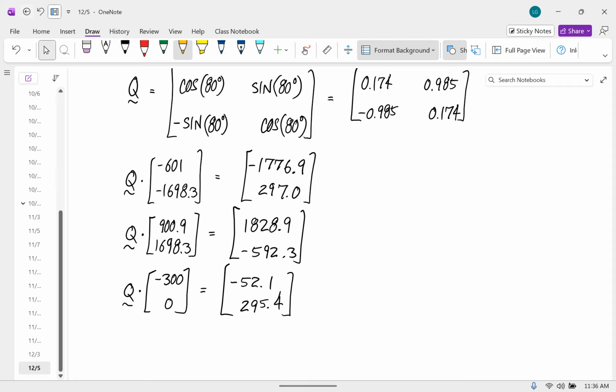So now if I redraw this free body diagram, what we have is our force vectors representing a coordinate system like that. So this one is negative 1776.9, 297.0.